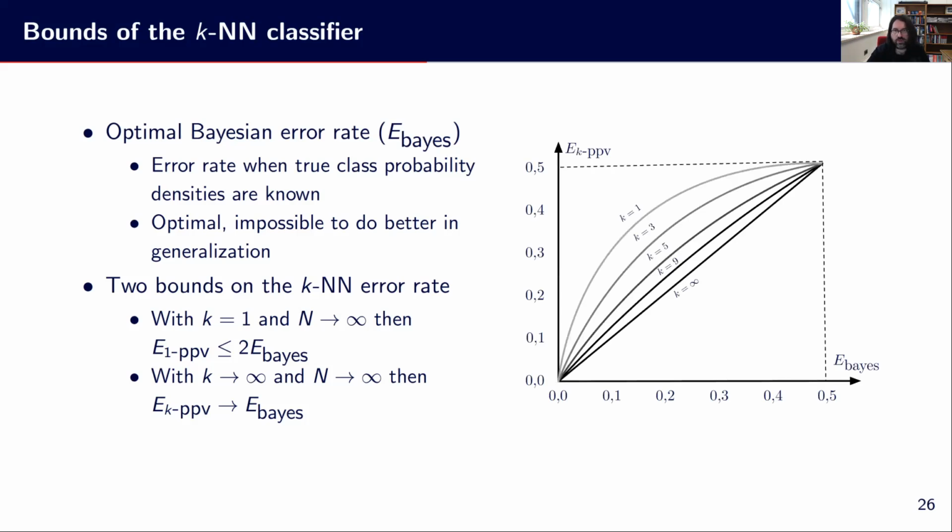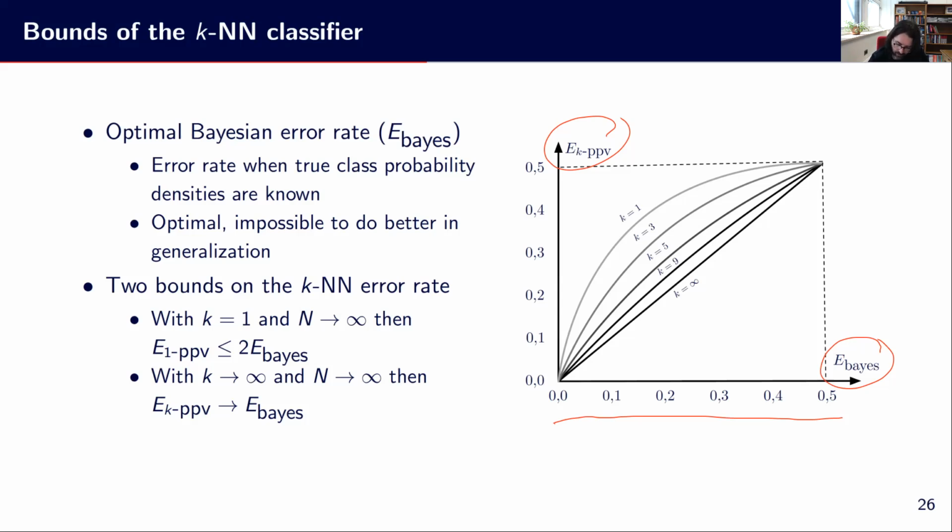One way to see this is with this plot. The x-axis is the optimal Bayesian error rate, versus the error rate that we have with the KNN classifier. We can see the theoretical curves, which are approximated here.